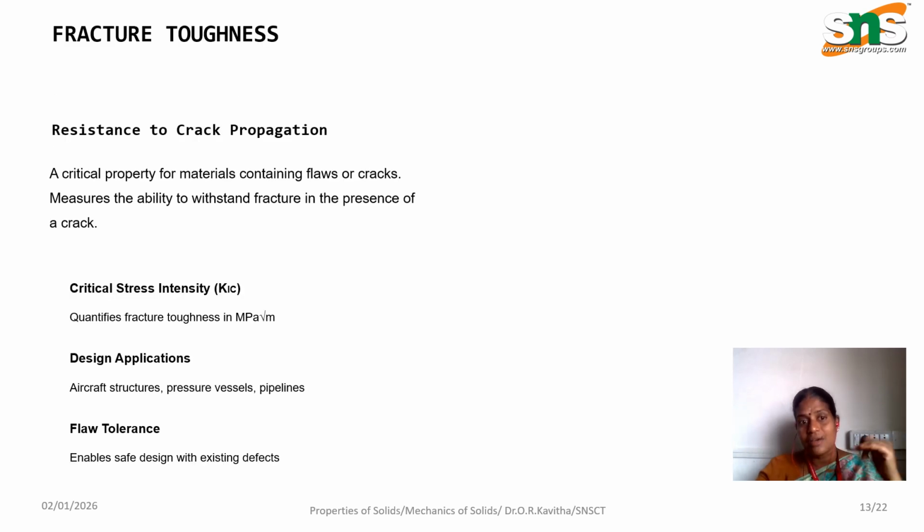And the next one is fracture toughness. Whenever we apply load and find the propagation of cracks, the material has the ability to withstand fracture even in the presence of a crack. That is the fracture toughness.